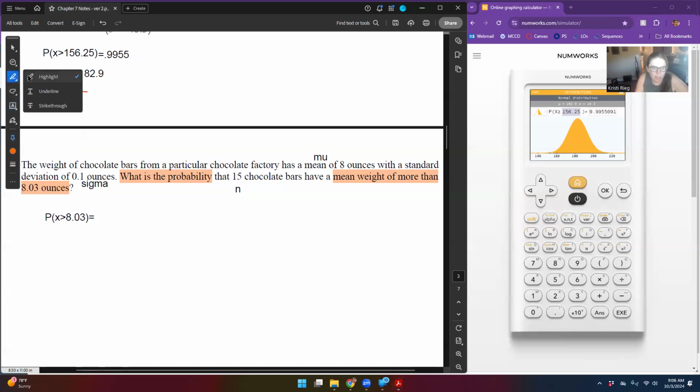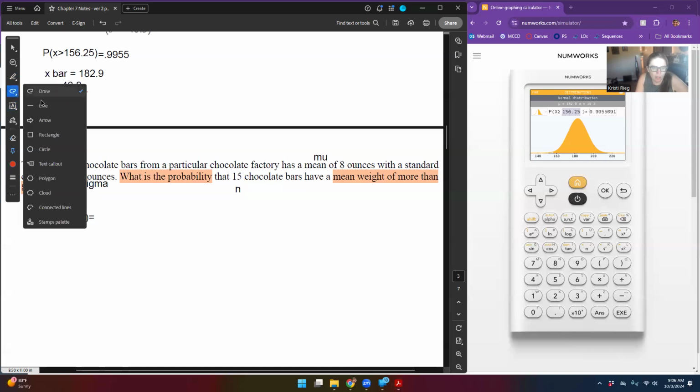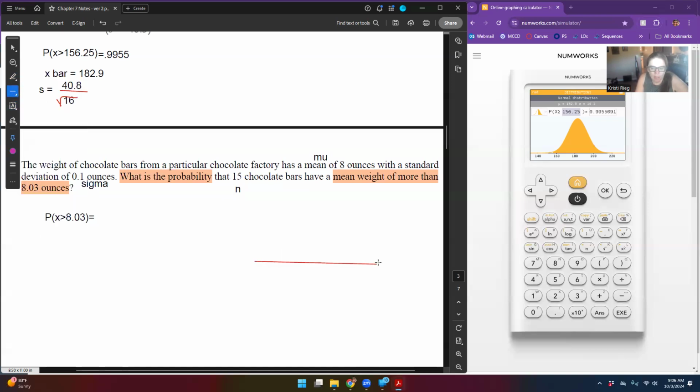Let's just draw a little picture to see what's going on. So we have our normal distribution. Little pointy, but that's okay. We know that 8 is in the middle, and we're talking about 8.03, so that's bigger than the middle.